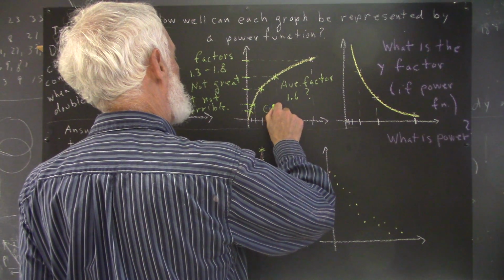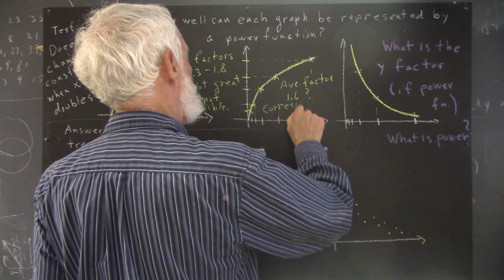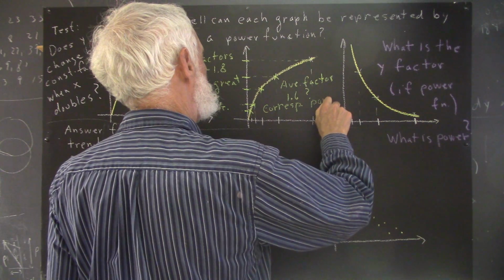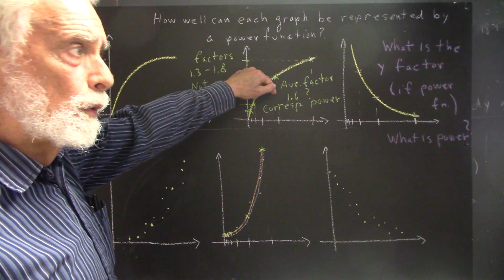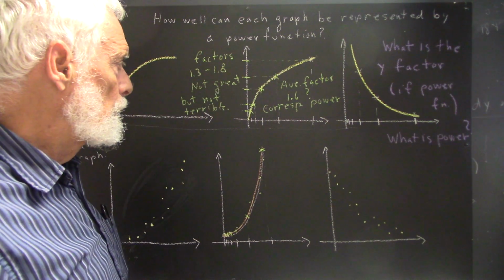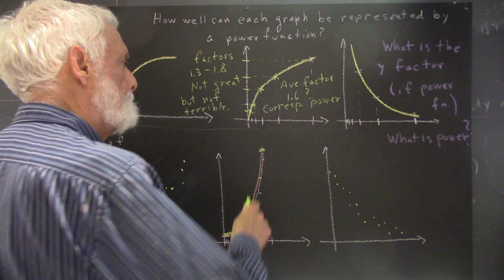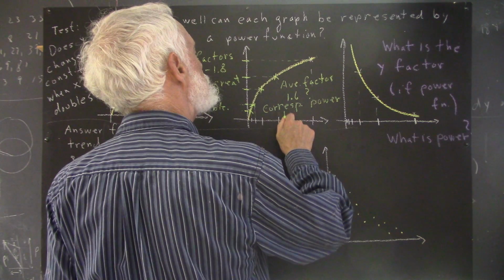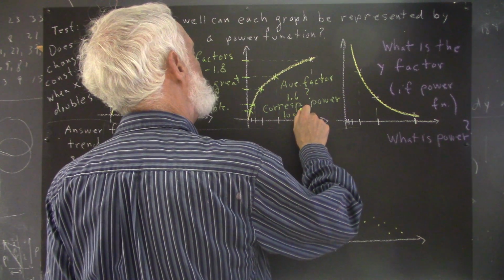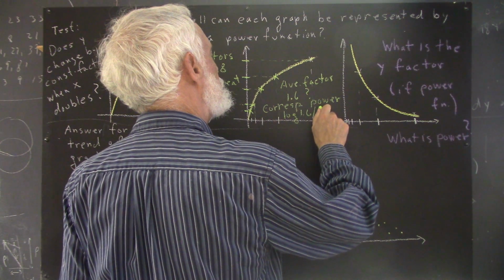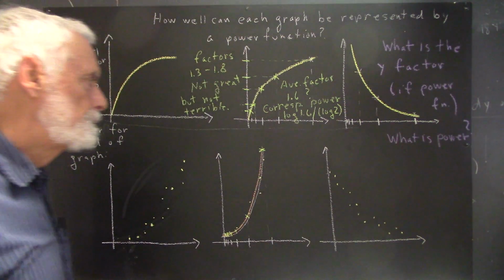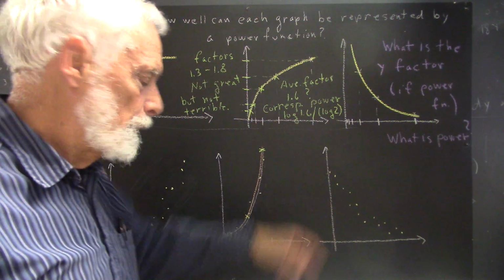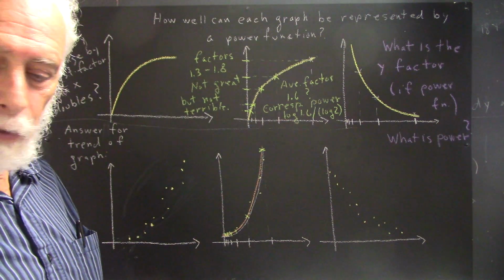The corresponding power would be what? Log of 1.6 over log of 2. And you can figure out what the log of 1.6 over the log of 2 is.